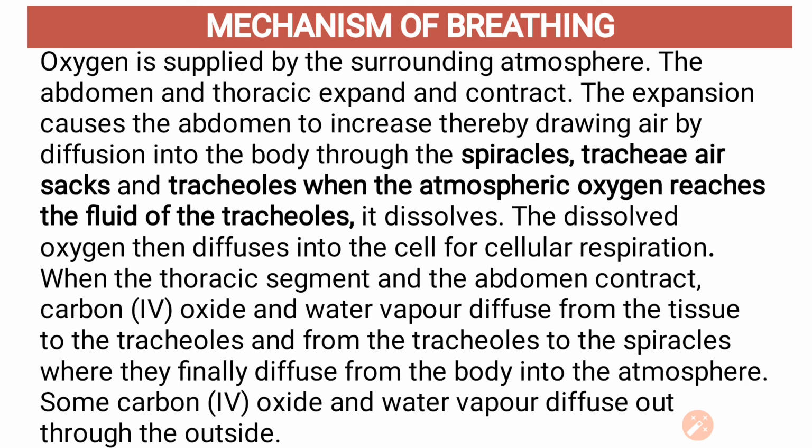Now when the atmospheric oxygen reaches the fluid of the tracheoles, it dissolves there. After dissolving, the dissolved oxygen then diffuses into the cell for cellular respiration. And then when the thoracic segment and the abdomen contract, carbon dioxide and water vapor diffuse from the tissue to the trachea and outside.